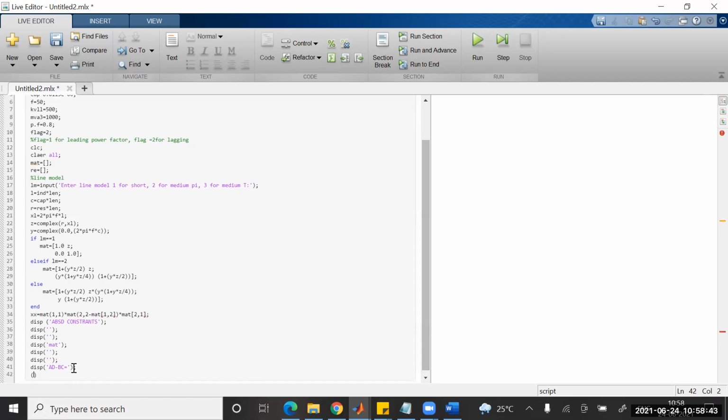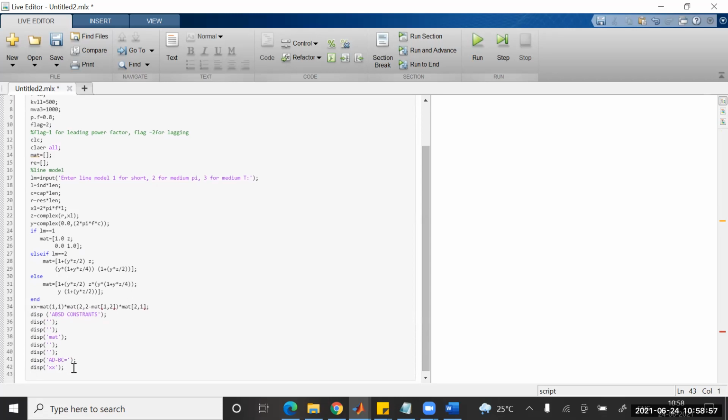Now display your x6. Okay, this value we have to display.